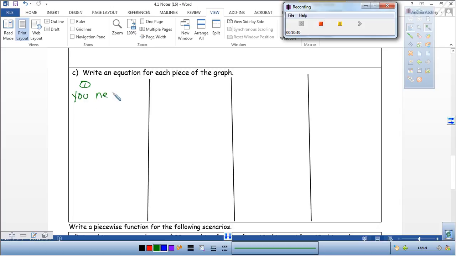You need a point. Oh, sorry, I shouldn't say a point first. You need a slope first, or a rate of change, and the y-intercept or a point.